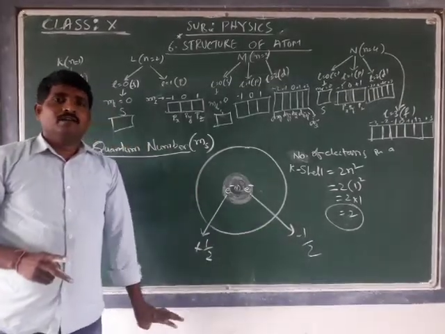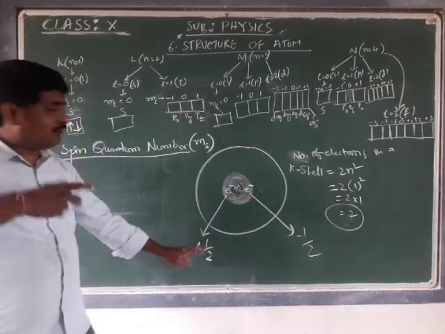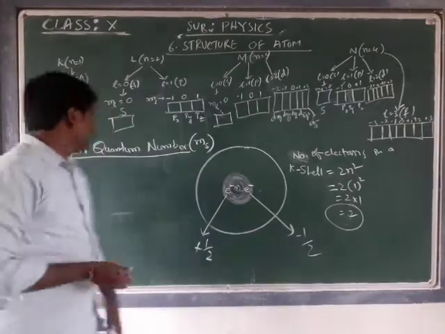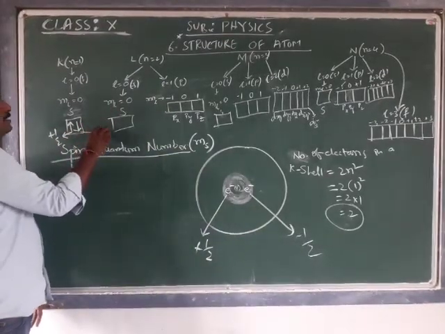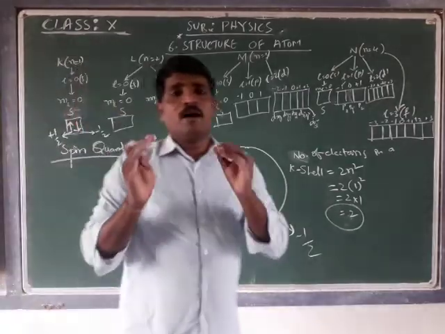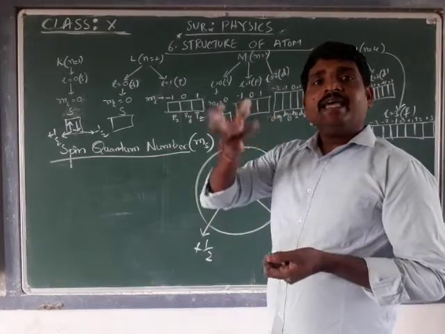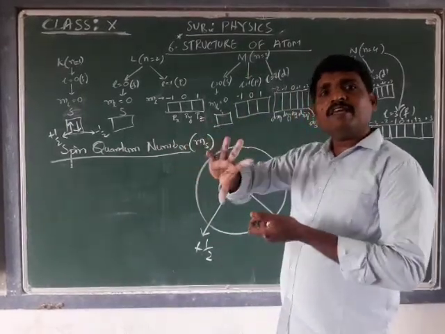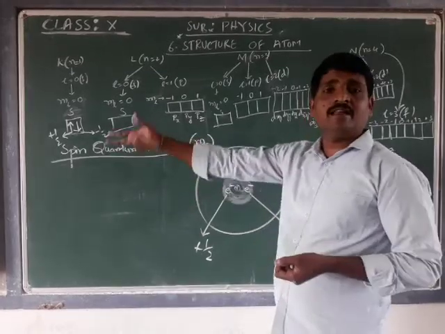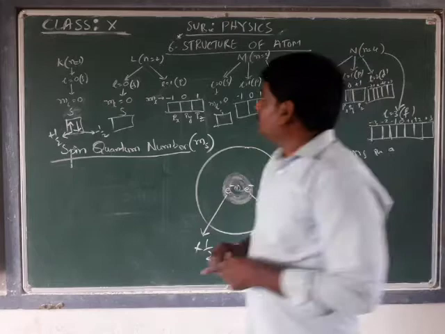If it is spinning in a clockwise direction, it is plus half. In an anti-clockwise direction, it is minus half. That means this is plus half and this is minus half. Simple. A quantum number assigned to an electron based on its spin is the spin quantum number. If the electron is revolving in a clockwise direction, it is a plus half spin. If it is revolving in an anti-clockwise direction, it is a minus half spin. Simple.